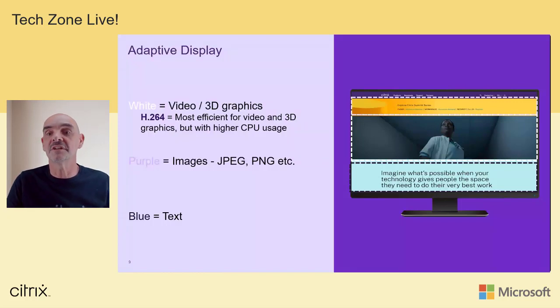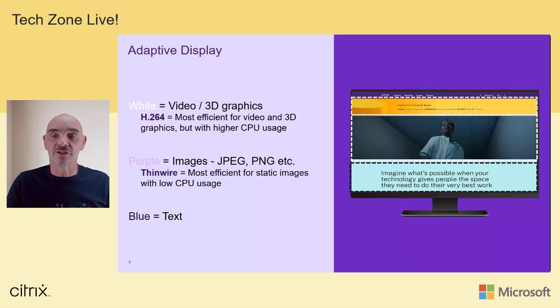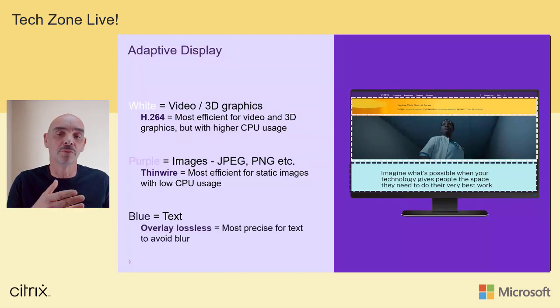That would kill scalability again, so we want to limit the amount of screen it utilizes. For images, we use the thin wire codec because it's optimized for static images and has low CPU usage. Finally, for text, highlighted in blue, we want to avoid blurring around the edges of the letters, which would affect readability. So adaptive display will use overlay lossless technology, and you get crisp letters.